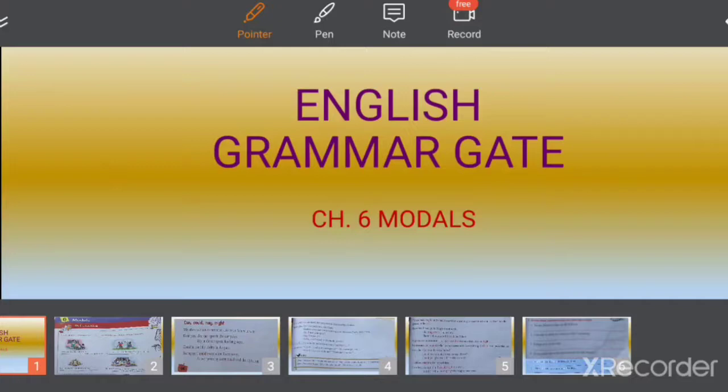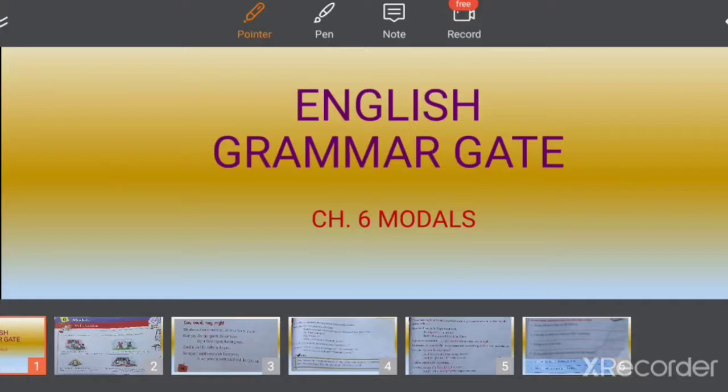They are different from normal verbs like walk, play, visit. They give additional information about the function of the main verb that follows them. They have a great variety of communicative functions.